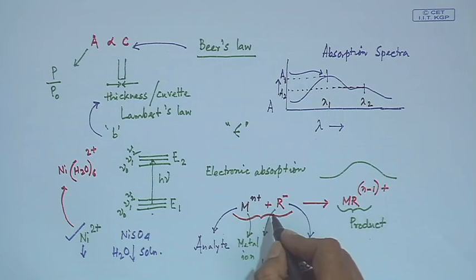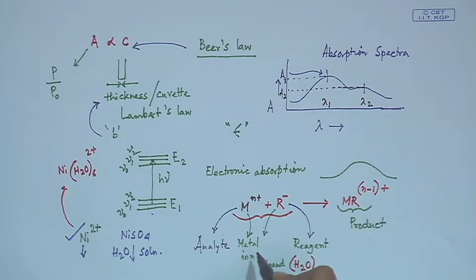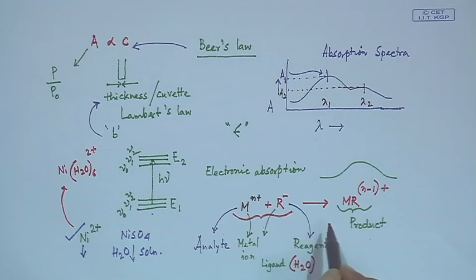We use some reagent, as we all know, for our qualitative identification and quantitative estimation. One particular well-known reagent for binding or coordination to the nickel center is dimethyl glyoxime, DMGH2. Dimethyl glyoxime, we all know, can bind very strongly to your nickel center, and that gives rise to a rose red coloration, and in water medium it gives rise to the corresponding precipitation.